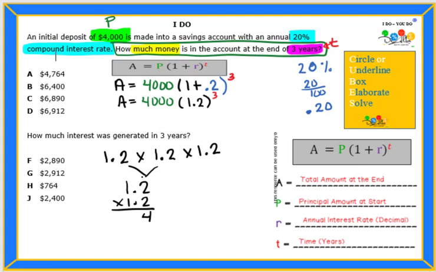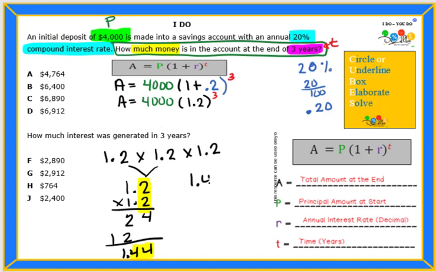If I know 12 times 12, I should know what that's going to give me: 144, but there's a decimal. There are 2 numbers, 1 in each factor, that are behind a decimal, so in my answer, 2 of those numbers have to be behind a decimal. So we have 1.44 right now, but we still have to multiply times the other 1.2.